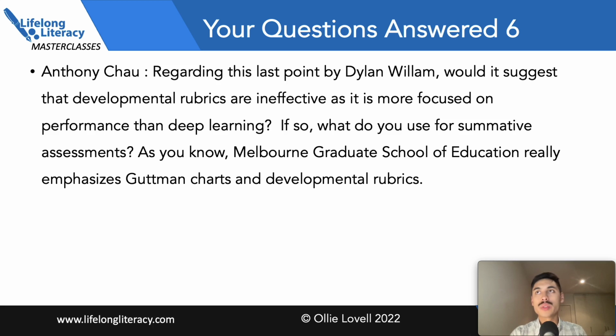As you know, Melbourne Graduate School of Education really emphasises Goodman charts and developmental rubrics. Okay, well, first comment on that one is that Dylan Wiliam hates rubrics, so whatever Dylan Wiliam said is likely to contradict rubrics. But in terms of this one, I think it's more just an argument for development over time.